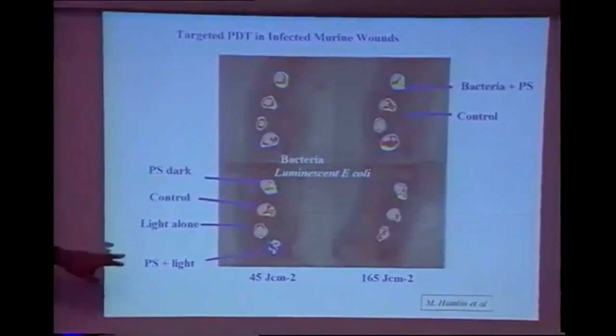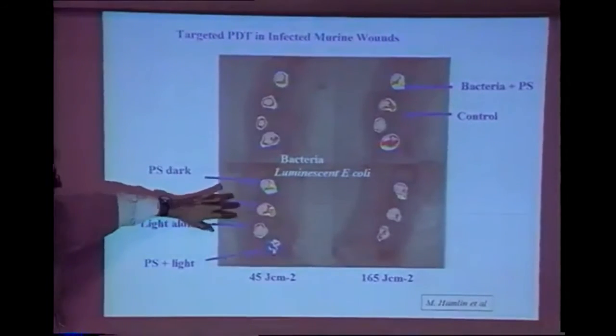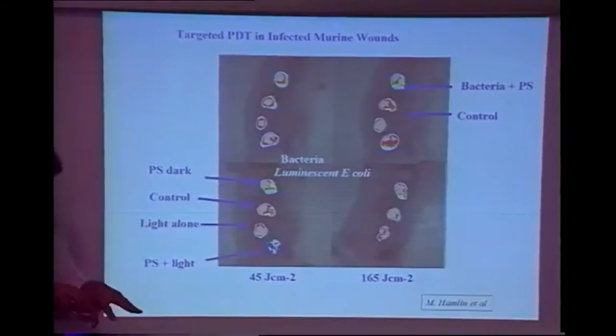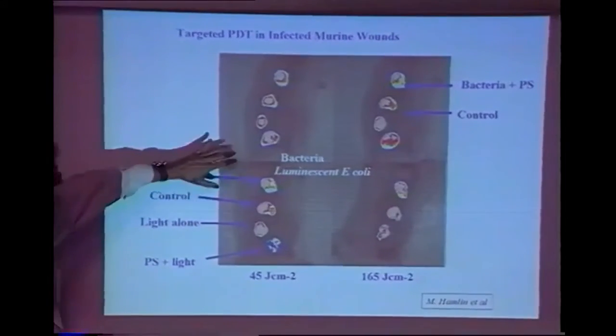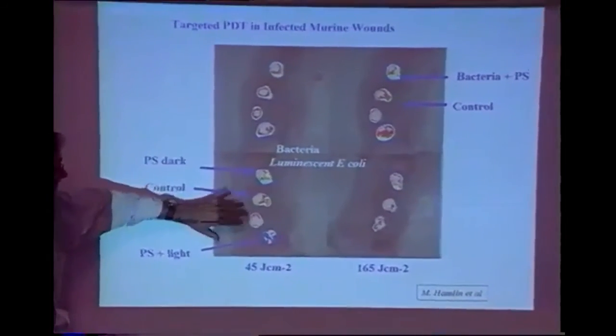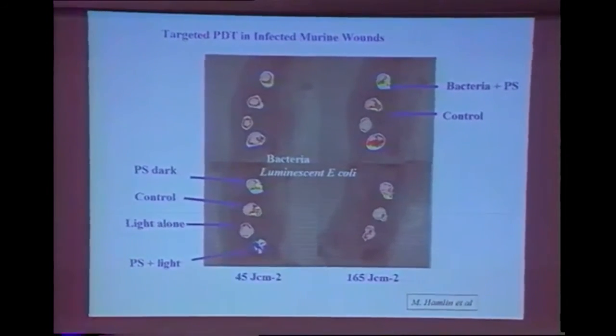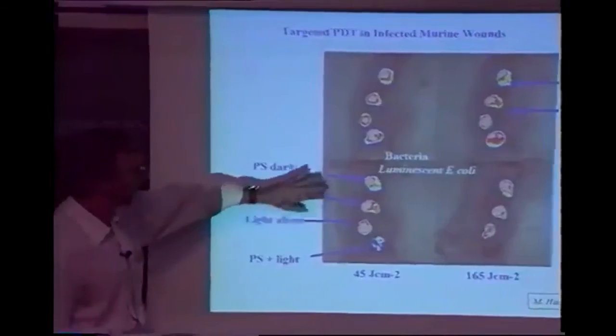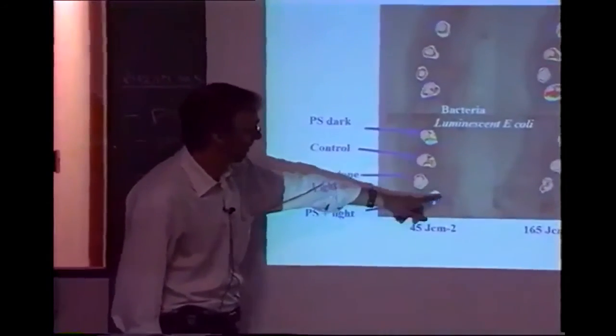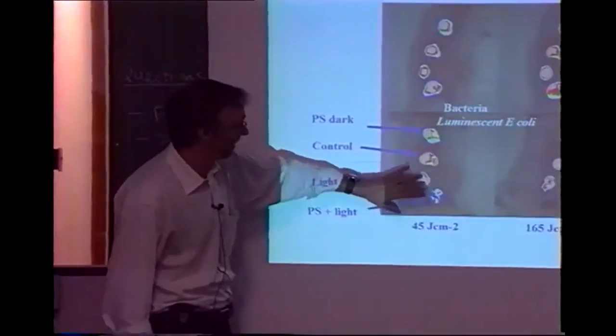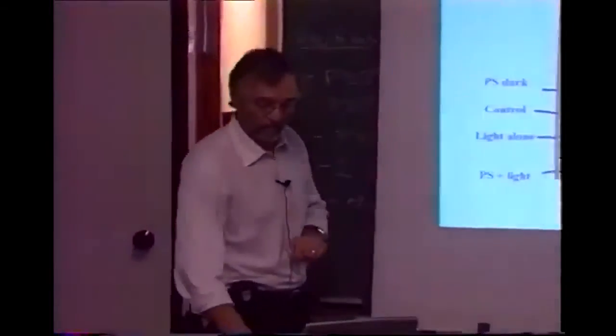This is an example of PDT for wound healing for infected wounds, where in order to demonstrate that this is effective, the bacteria have been transfected with luciferase, so they're bioluminescent, and then this is each of the wounds, and this is the wound that has been treated, and you see there's much less bacteria there.